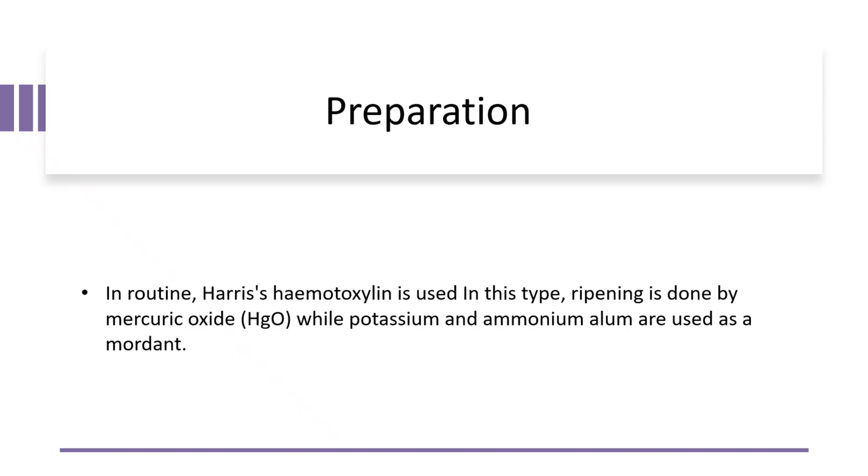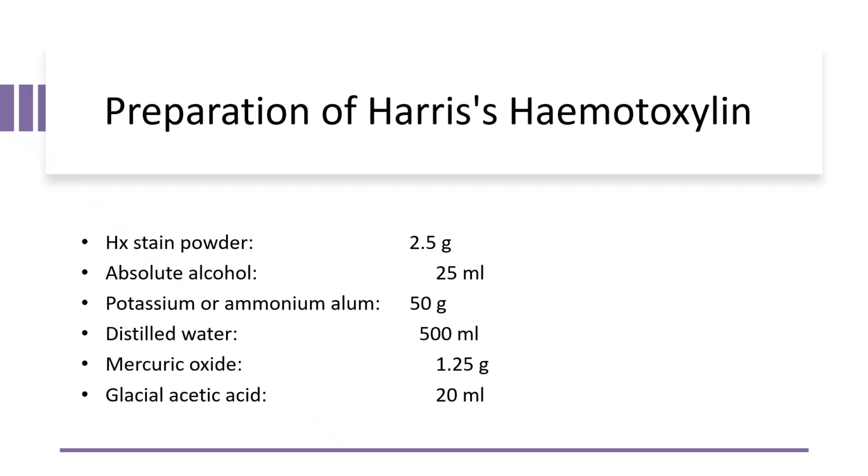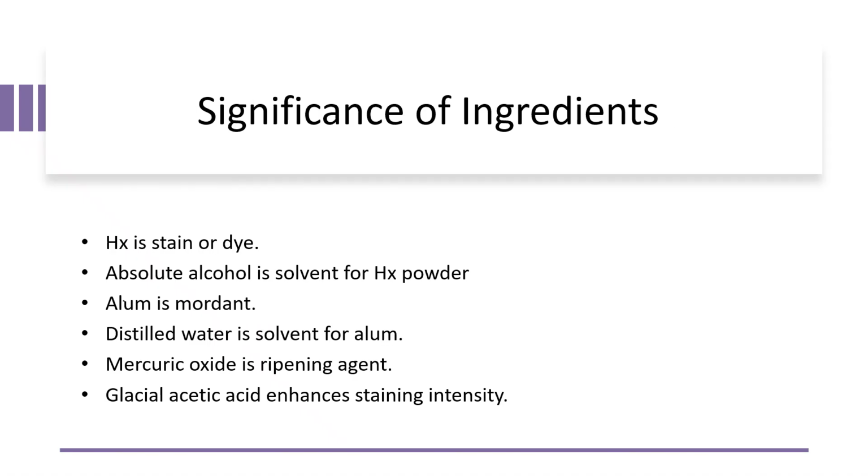In routine, Harris hematoxylin is used in hematoxylin staining. Ripening is done by mercuric oxide, while potassium and ammonium alum are used as mordant. This table depicts various ingredients of the hematoxylin stain preparation containing the stain powder, alcohol, potassium or ammonium alum, distilled water, mercuric oxide, and glacial acetic acid.